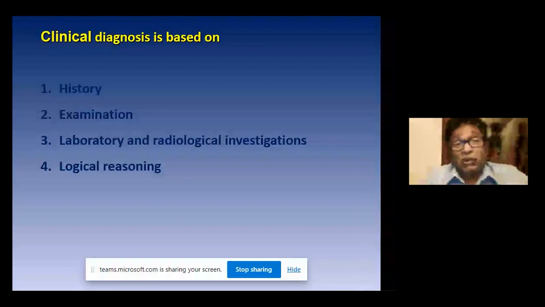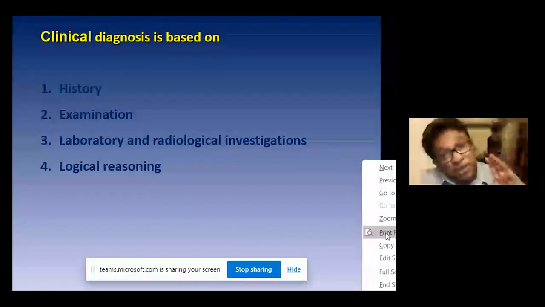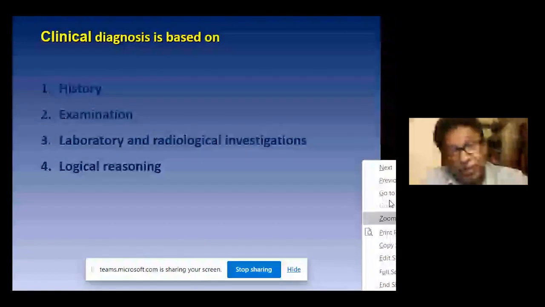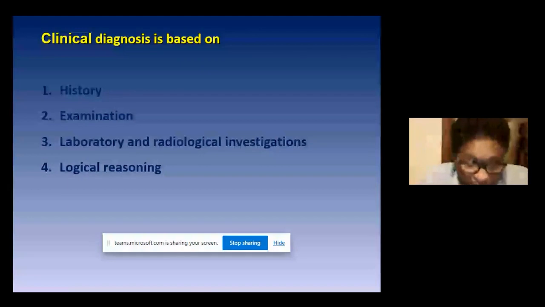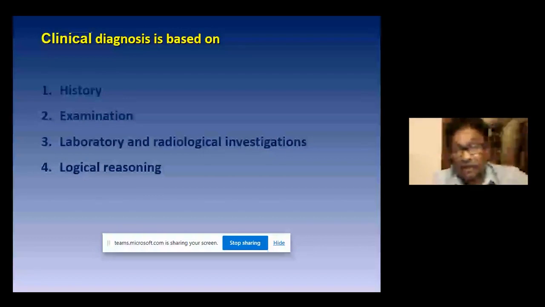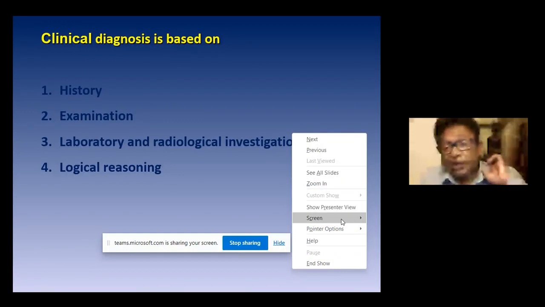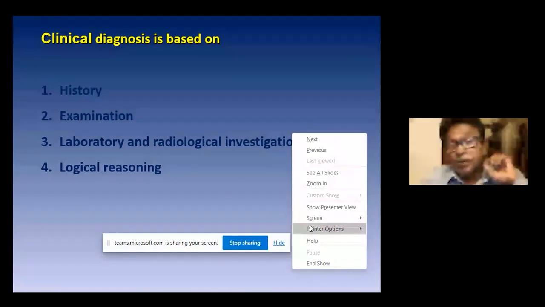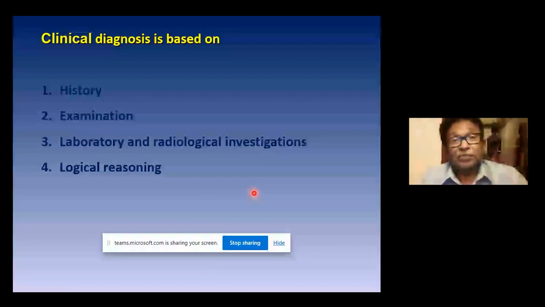So therefore it depends on history, examination, and laboratory and radiological investigation. But the most important thing is logical reasoning. Having knowledge is not important. More than that, you have to have what you call logical reasoning. Right. So you have to have all these 4 pillars in your diagnosis.